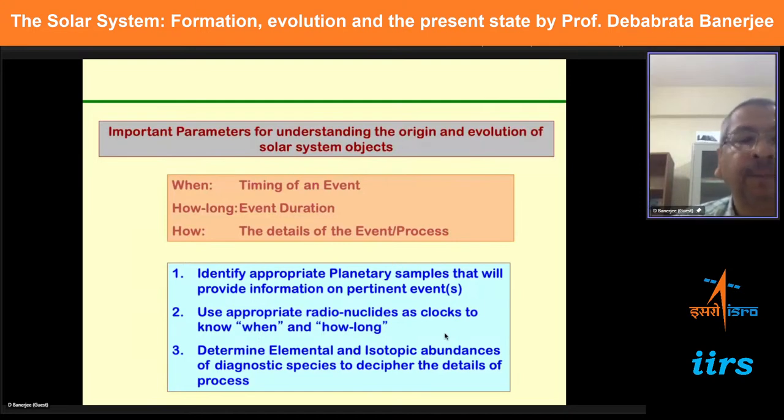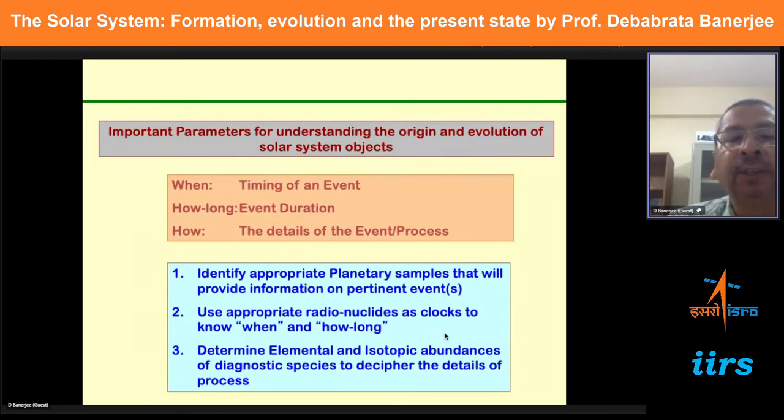If you wish to date an event which is 10 million years after the solar system formed, it is difficult to use an isotope whose half-life is such that you go beyond 6 or 7 half-lives. As you know, you will have significant decay, and it will become extinct.